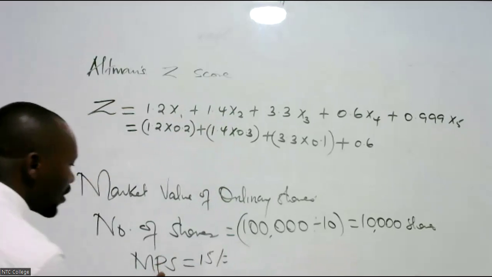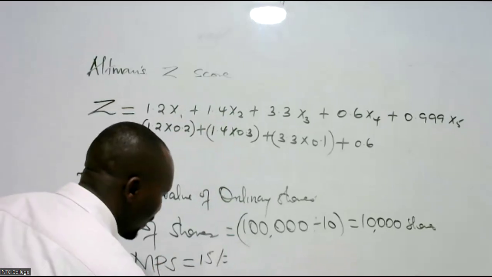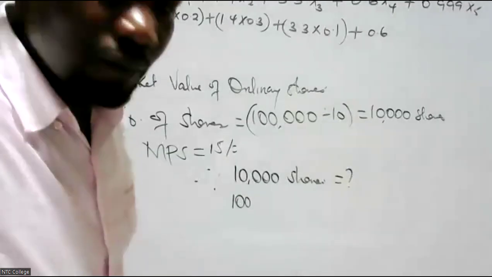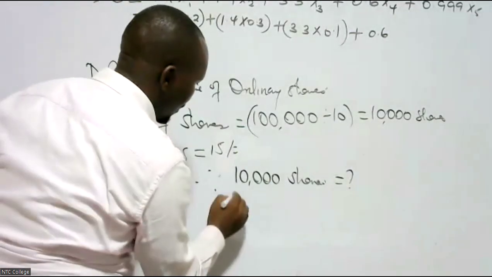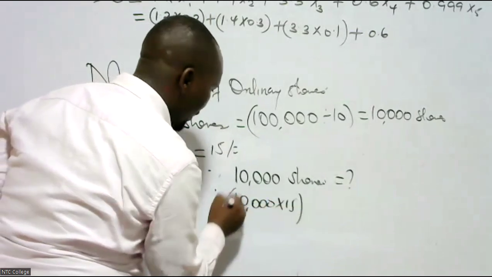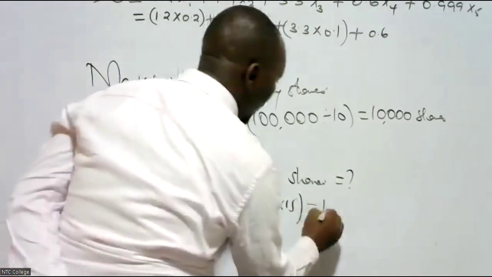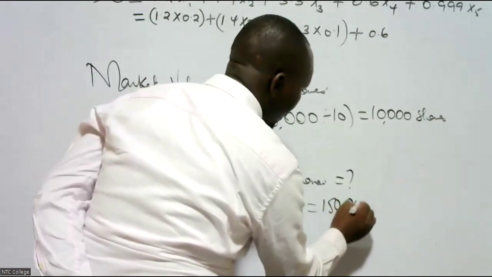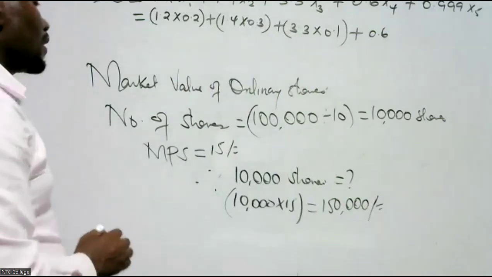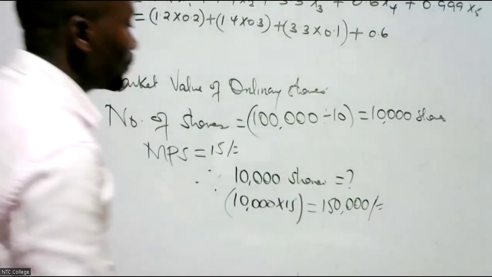This one is for one share, so 10,000 times 15. So what is the market value? It is actually 150,000 shillings. We have done that. So we know the market value.